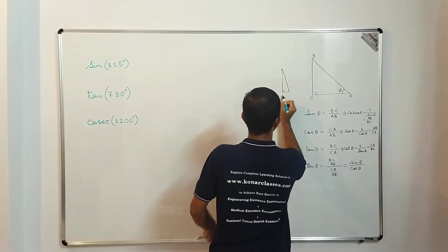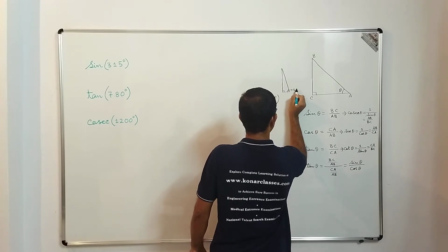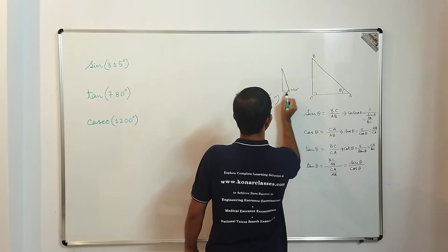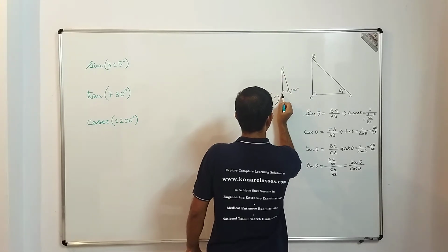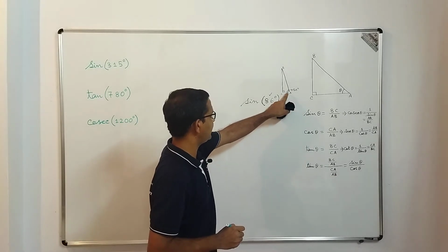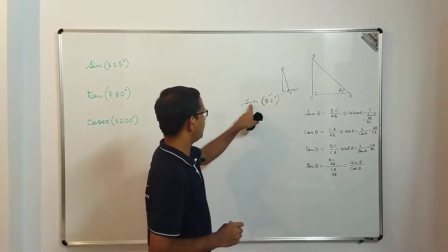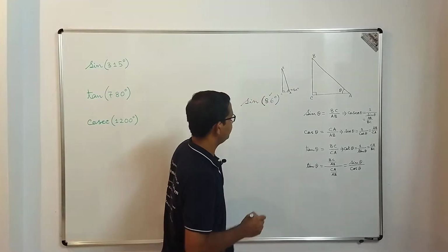So if this angle is 86 degree, and we name this triangle ABC, you can always construct this right angle triangle with one angle 86 degree, and you can measure the lengths. Then what will be sine 86 degree? That is equal to BC by AB, correct or not?